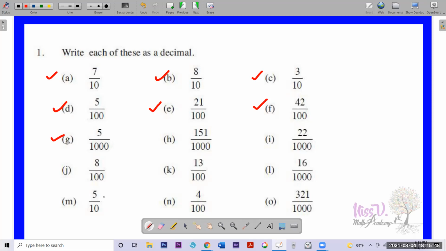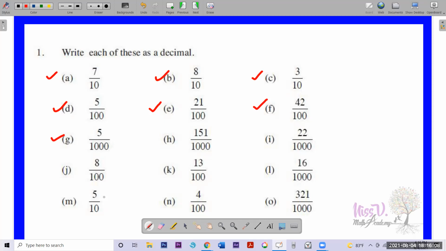So just a quick reminder, tenths is the first decimal place value. Hundredths is the second place value. Thousandths is the third place value.